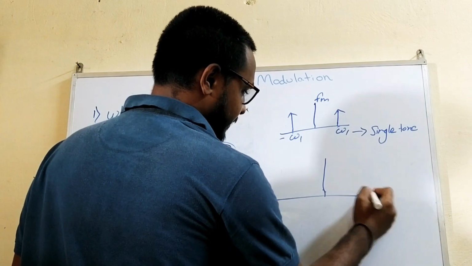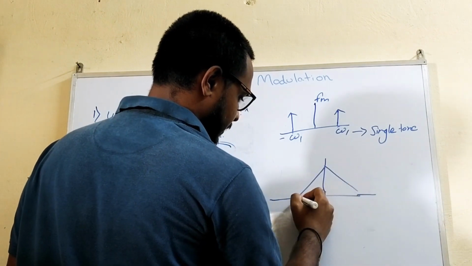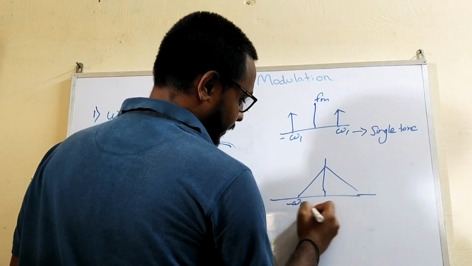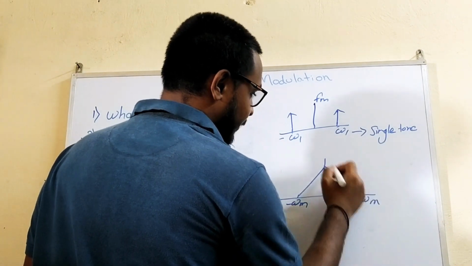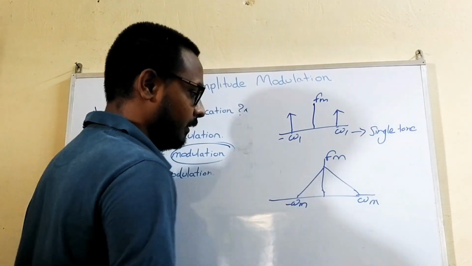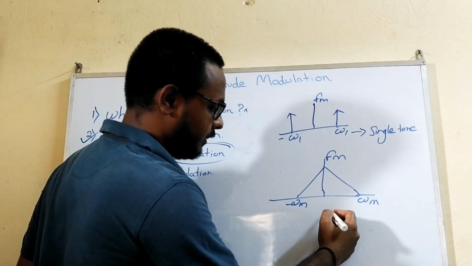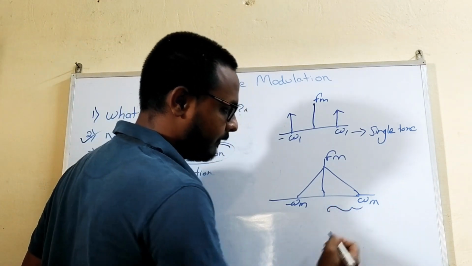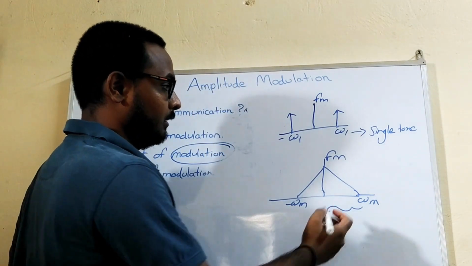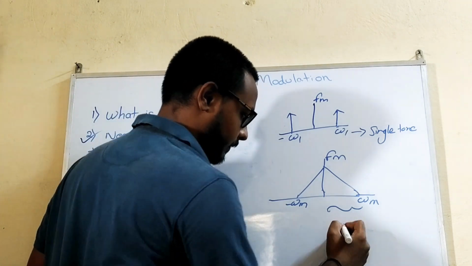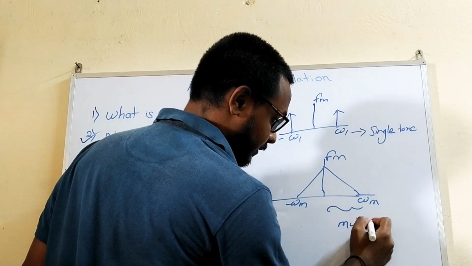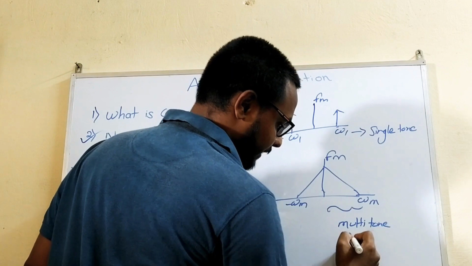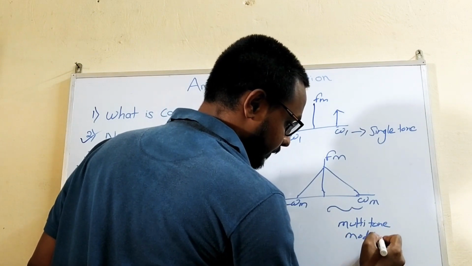And if our message signal is like this, minus omega m to omega m, you can see in this picture that multiple frequencies are present. So this is called multi-tone modulation.